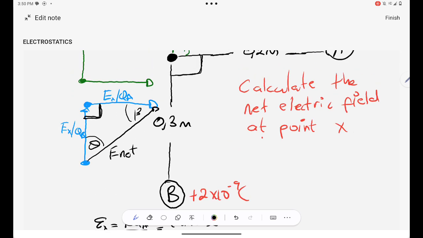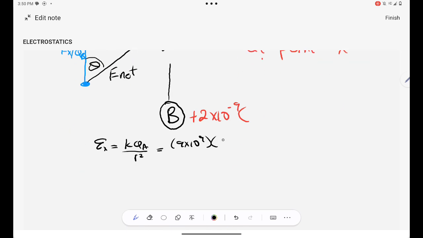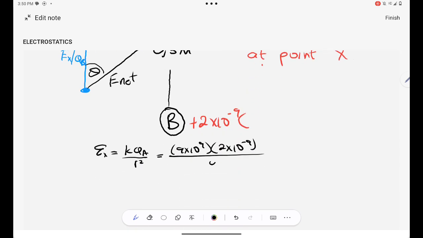The magnitude of A is 2 nanocoulombs, that's 2 times 10 to the power negative 9, all over the distance between the two, 0.2 squared.